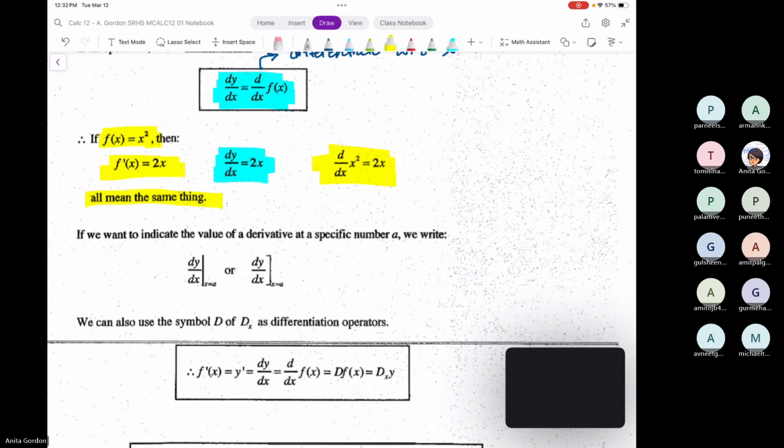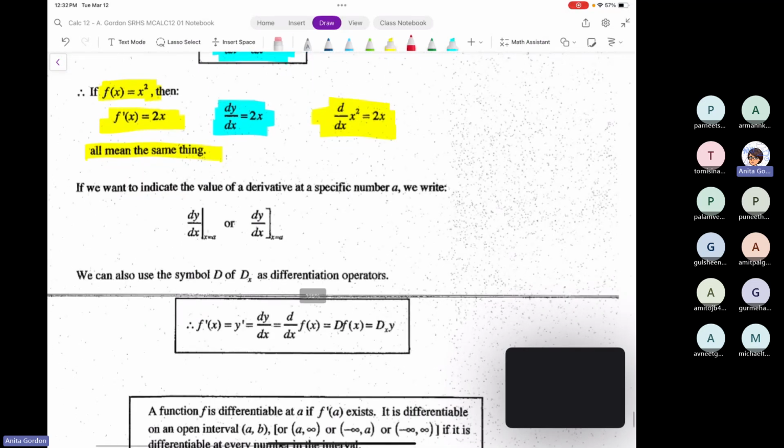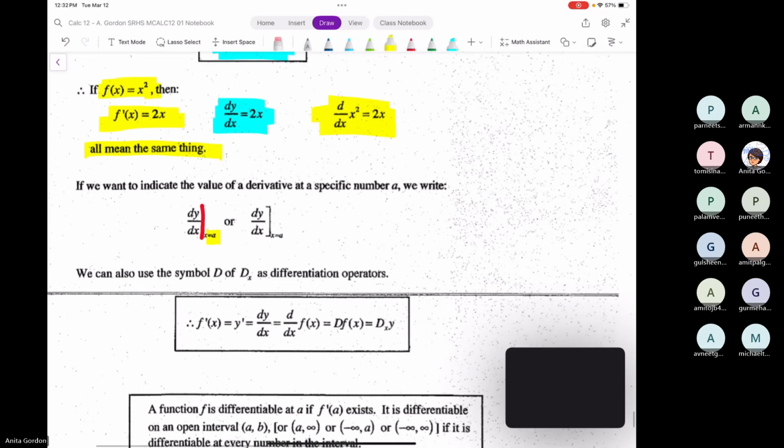If we want to indicate the derivative at a specific point, then we draw a line next to our d by dx, and we note what value we want to replace the x value with. This means find the derivative first, then substitute your point of interest in.